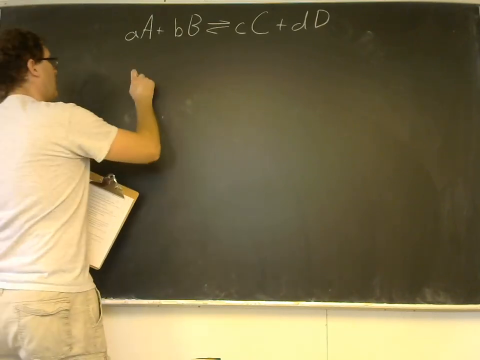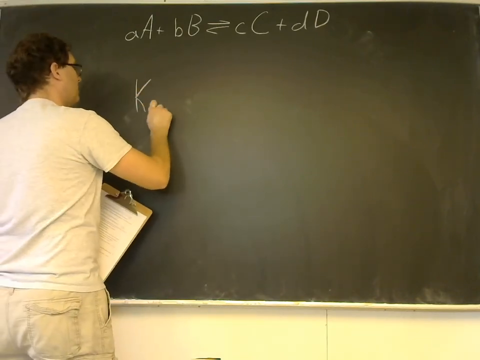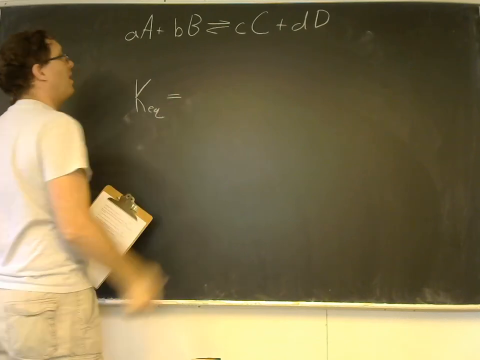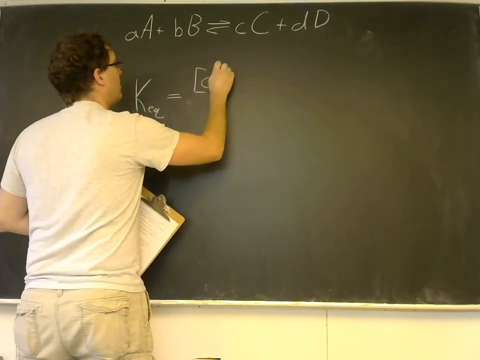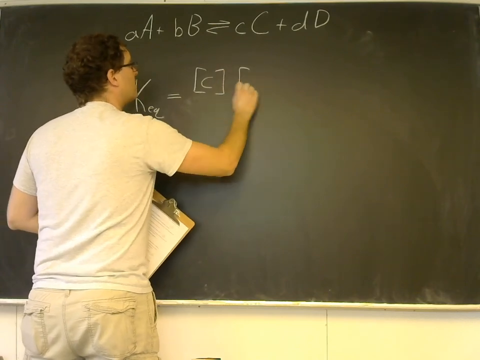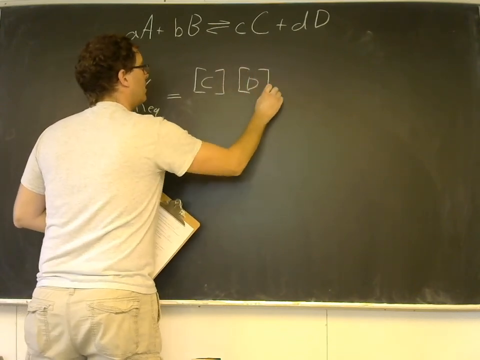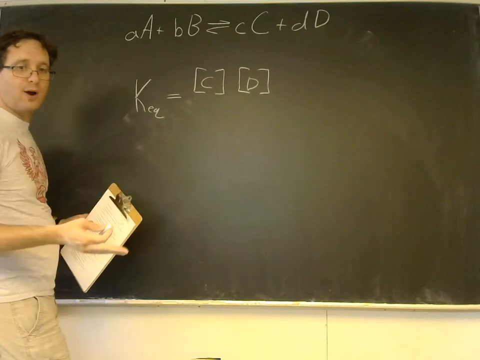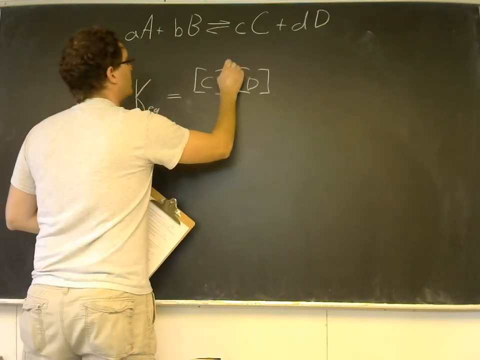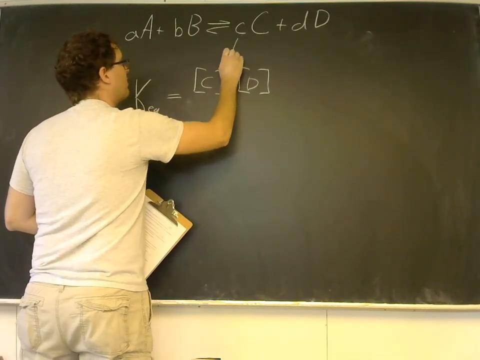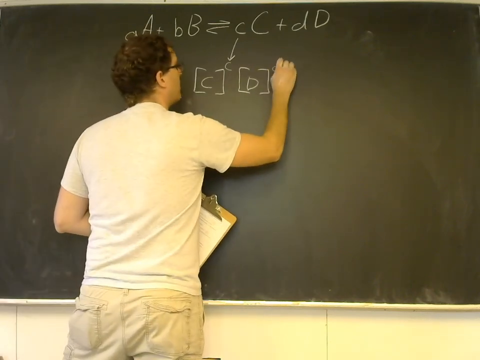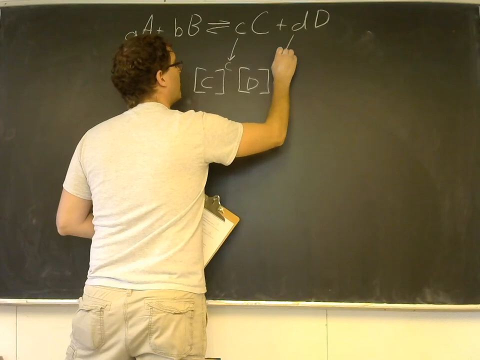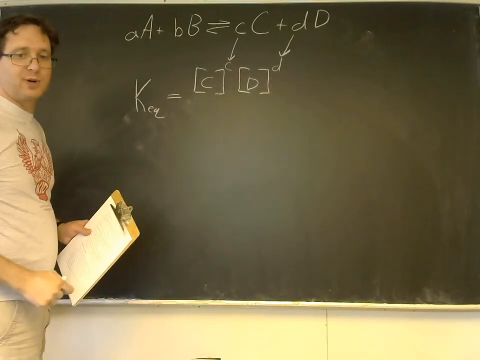Well, we can say that KEQ, that equilibrium constant, is going to equal the concentrations of the products, each raised to the power of their stoichiometric coefficient. So that stoichiometric coefficient becomes an exponent here, and that stoichiometric coefficient becomes an exponent there.